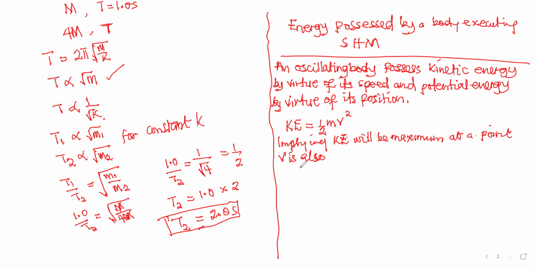Okay, and where do we have the velocity or the speed being minimum? At what point is the speed minimum or zero?